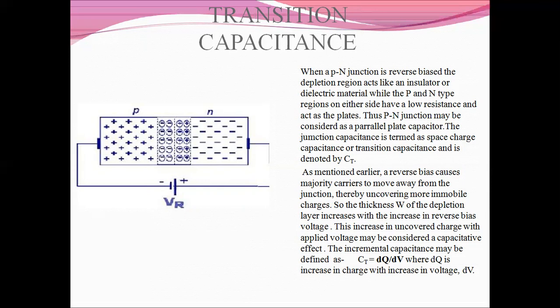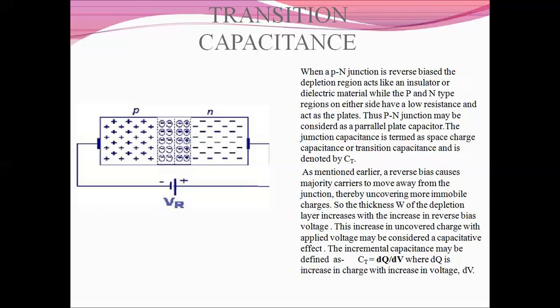The junction capacitance, also termed the space charge capacitance and also called the transition capacitance, is denoted by C suffix T. As said earlier, a reverse bias causes majority carriers to move away from the junction, thereby uncovering more immobile charges.